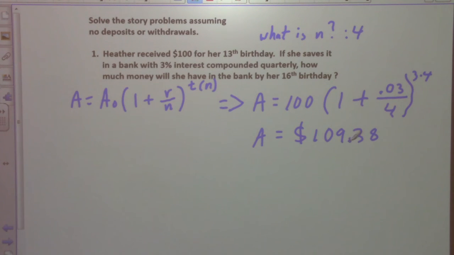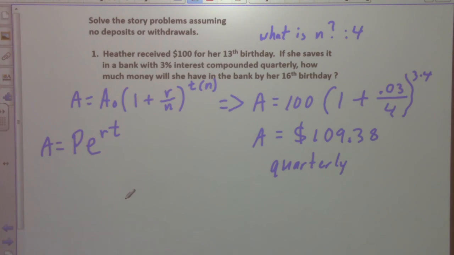So this is quarterly compounding. Now, continuous compounding is the equation A equals P times e to the rt. That's a good rhyme.